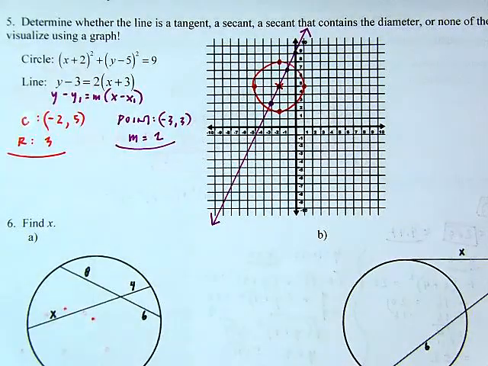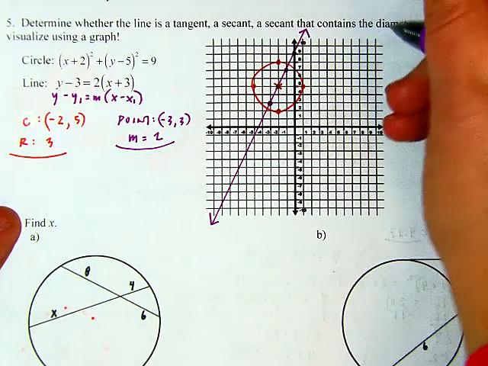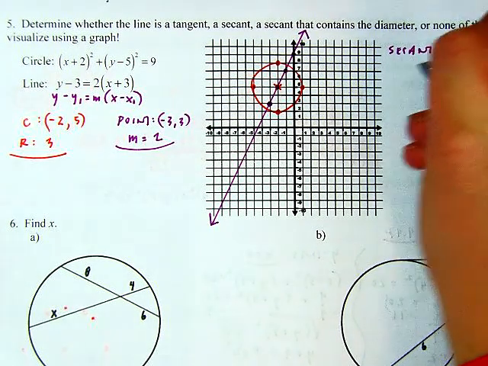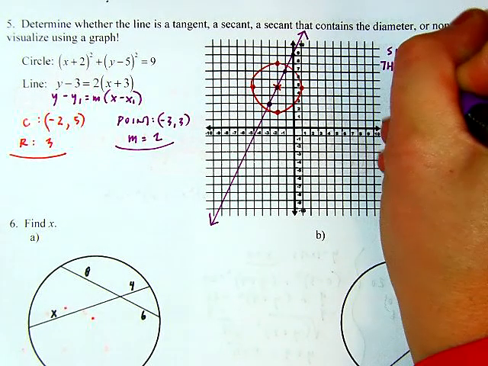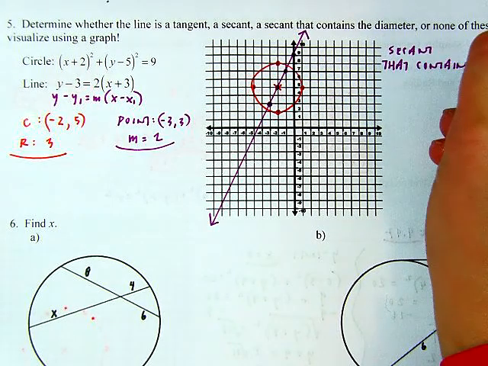All right, so I can see that this is a secant because it passes through the circle in 2 spots, and it contains the diameter because it passes through the center. So let me just write this off to the side. So this is a secant that contains the diameter.